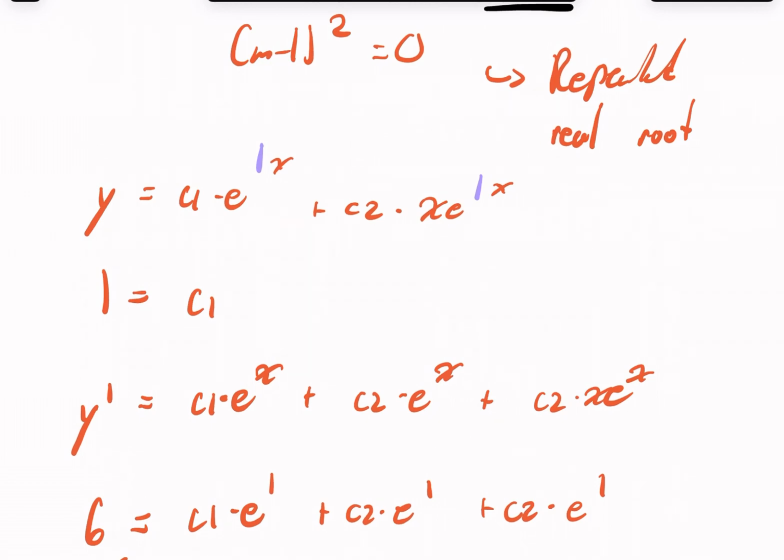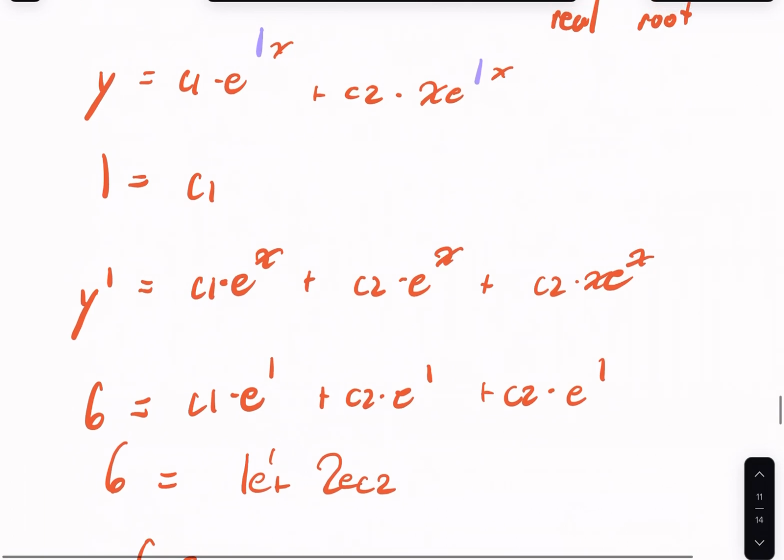I think I might have just manipulated something wrong. Let me check my work again. So c1 times e to the x plus the derivative of x, so you just get e to the x, plus the derivative of e to the x, which is just e to the x, times x.